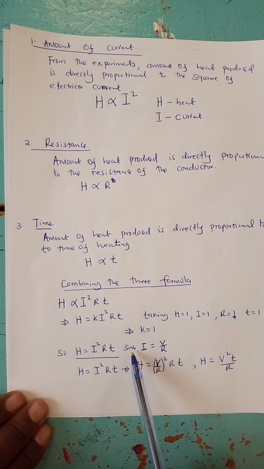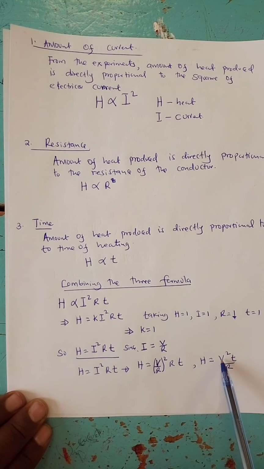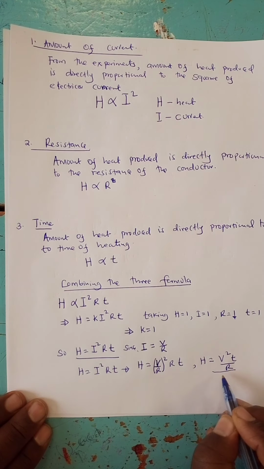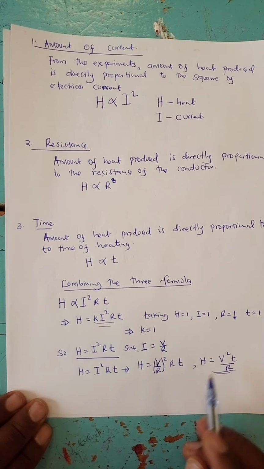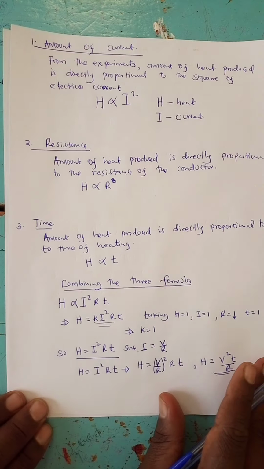And since I know the formula, I is also V over R, I can substitute this one to have H is equal to, instead of I squared, V over R squared RT. And finally, I will have the equation H is equal to V squared T over R. So this is another formula of calculating the amount of heat. So we have the two formulas, which you have to note, this one and this one.